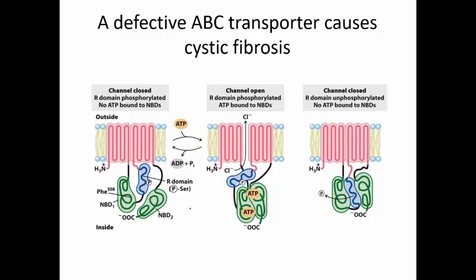So it's closed, and then it will bind ATP, change the conformation, allow some chloride to move through, and then reclose again. However, in people with cystic fibrosis, there is just a mutation. It's actually a single point mutation. It's a deletion of a phenylalanine.